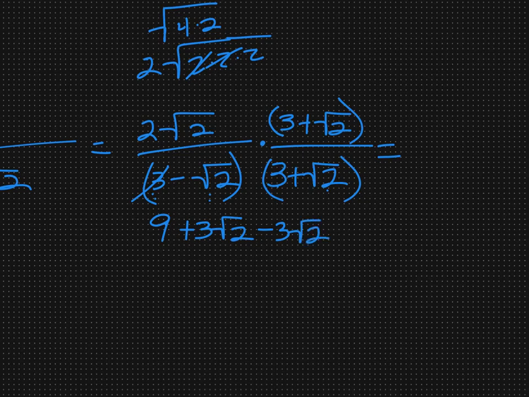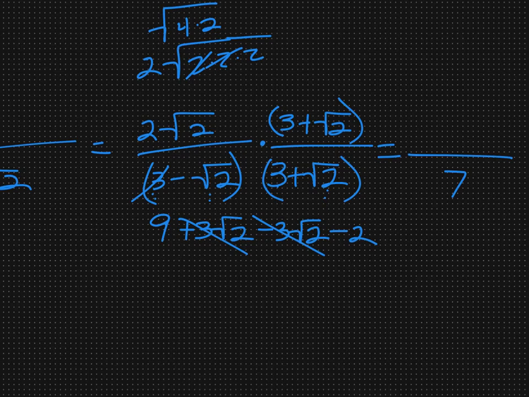And negative square root of 2 times positive square root of 2 would be negative 2. And those do cancel. And in the denominator, I've got 7. So it appears that I accomplished my goal. I got rid of the radical in the denominator.